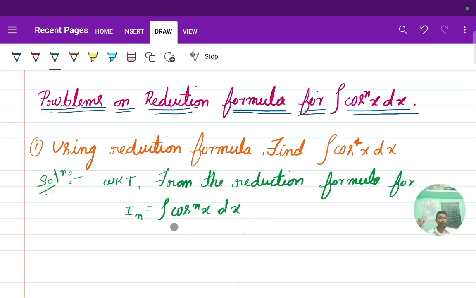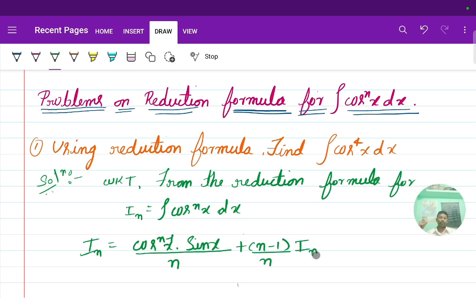What is the reduction formula for this? In is equals to cos power n minus 1 x into sin x divided by n, plus n minus 1 divided by n into I n minus 2. So this is the reduction formula for integration cos power nx dx.